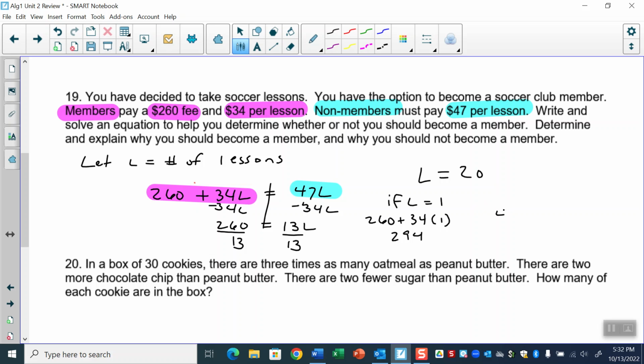And then the other one would be 47 times 1. So that only cost me $47. So if I take less than 20 lessons, then I want to go with paying per lesson and not be a member.